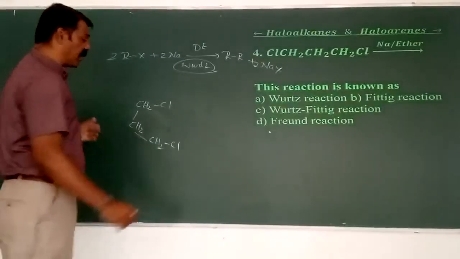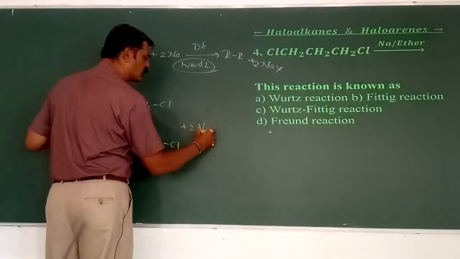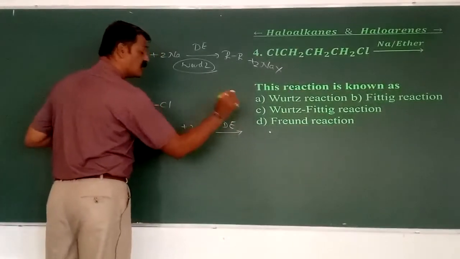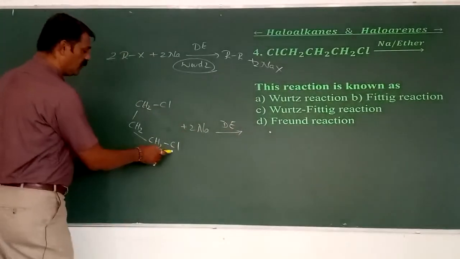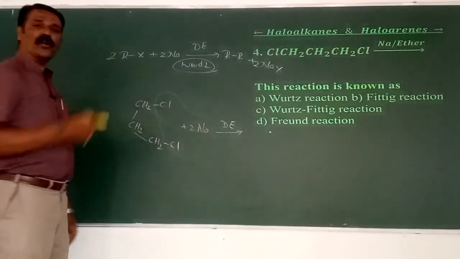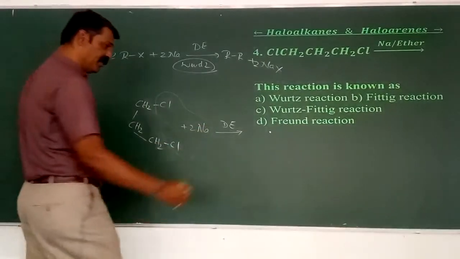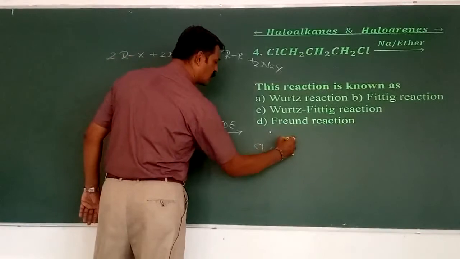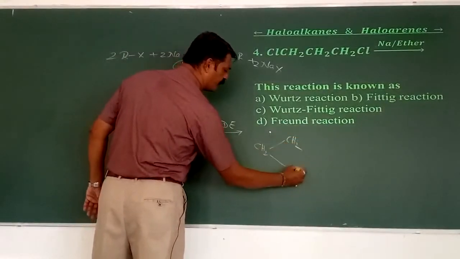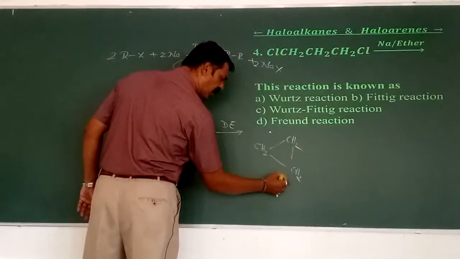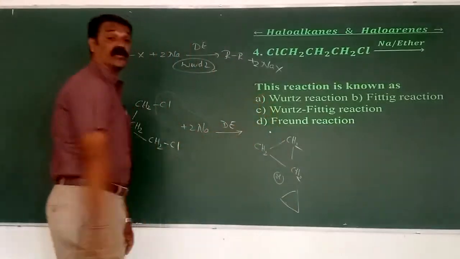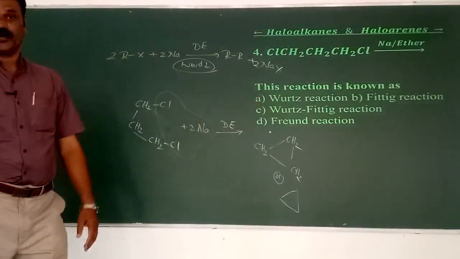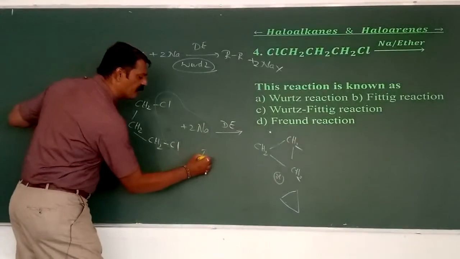When it is made to react with sodium in presence of dry ether, again there is no doubt the removal of NaCl. But the thing is, I am getting CH2 CH2 CH2, where these two ends are linked, or we can mention it in the form of a triangle here. What is this called? Cyclopropane.